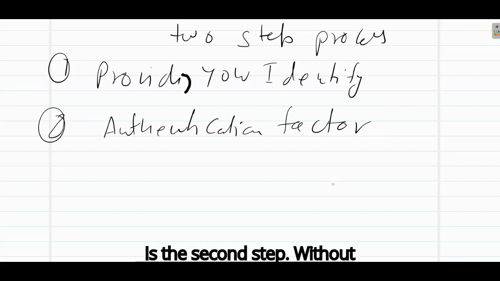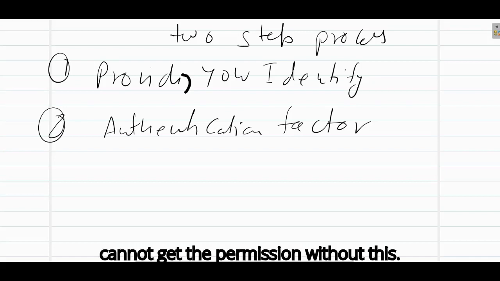Without both, the user cannot access the system, or even get the permission.